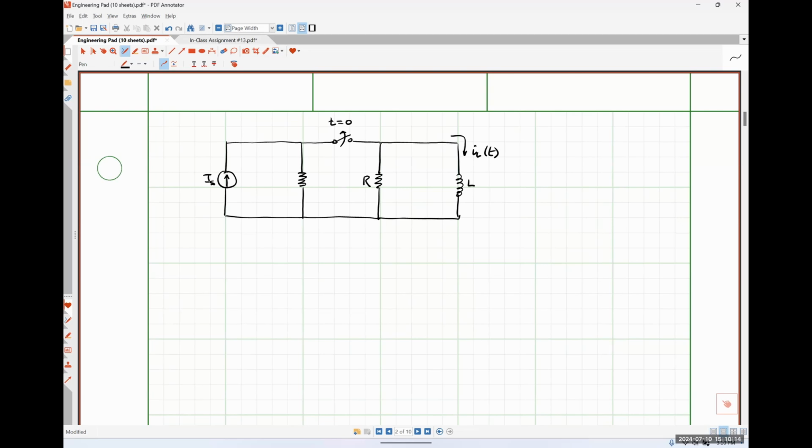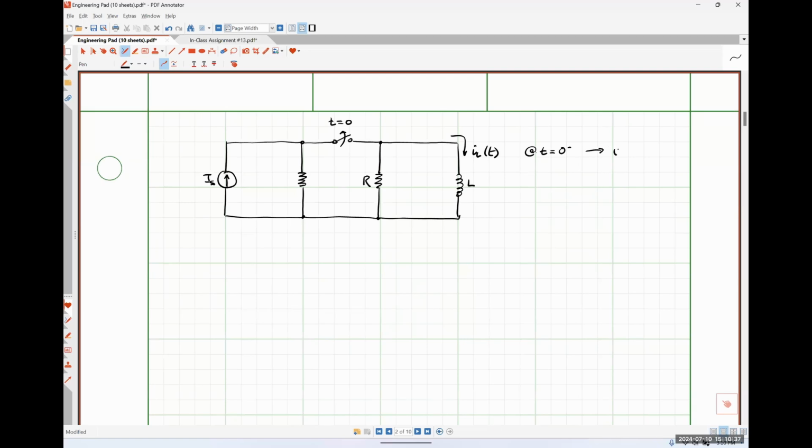So this is a similar circuit to what we just dealt with, but instead of having a capacitor, it now has an inductor. So I think that we should be able to figure out what's going on at t is equal to 0 minus fairly easily.